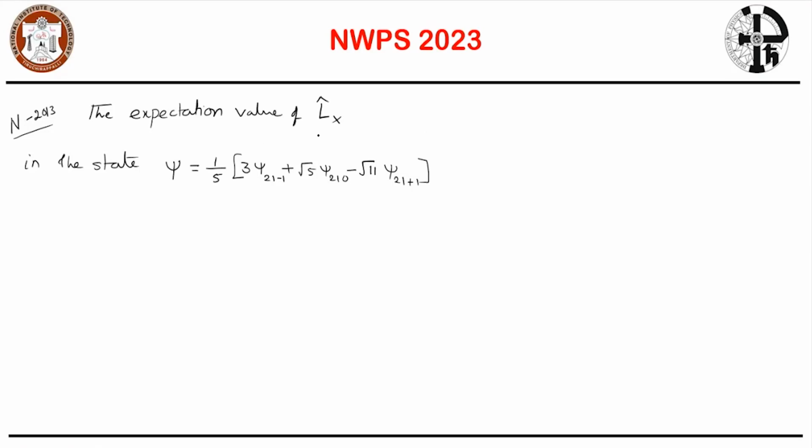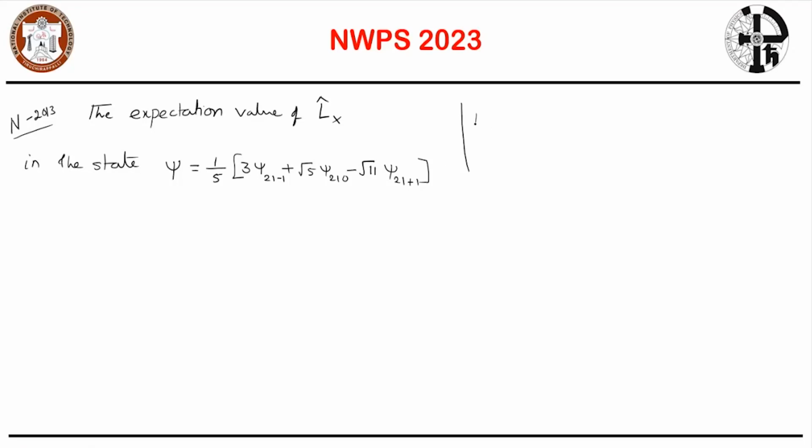Here you have the expectation value of Lx. You have a very long expression and they're asking you to find Lx. Now this is difficult. How do you find the expectation value of Lx? If you want to find the expectation value of anything, you need to know how that operator acts on these wave functions.